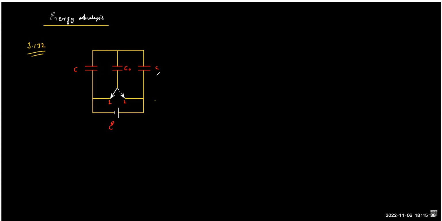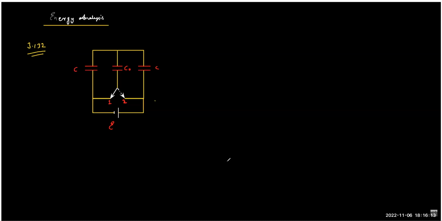So the question is, what amount of heat will be generated in the circuit shown in figure 3.30 after the switch SW is shifted from position 1 to position 2? Okay, so what are you supposed to do? When you shift the switch to position 2, there will be some redistribution, or reconfiguration, of charge.